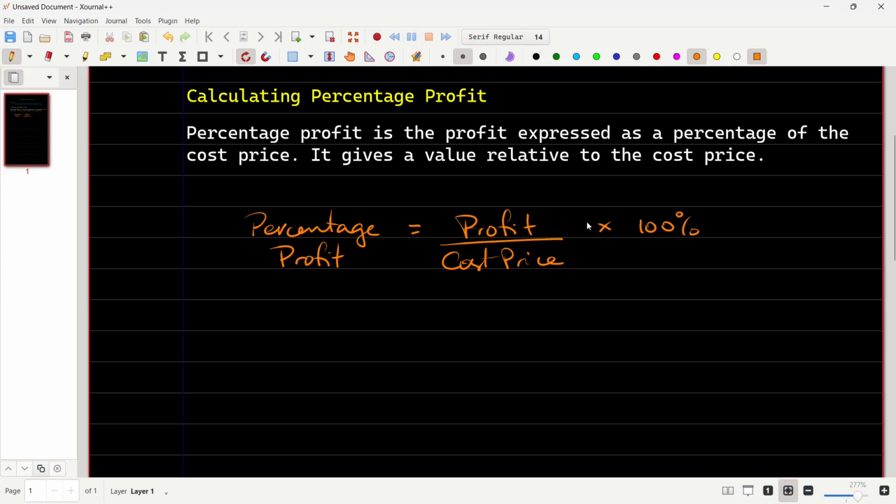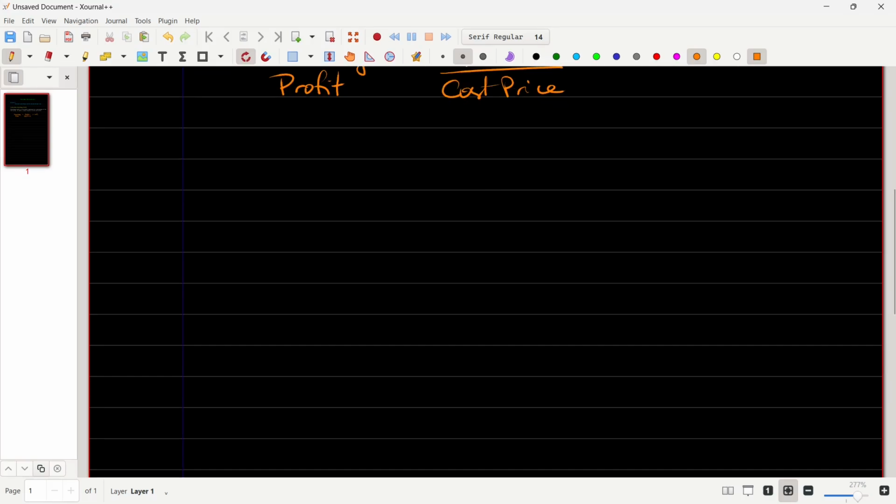So you're basically writing the profit that you make as a fraction of the cost price, and then you're going to find out how much of 100% that fraction represents. Let's do a quick example and you'll get an idea of what I'm talking about.